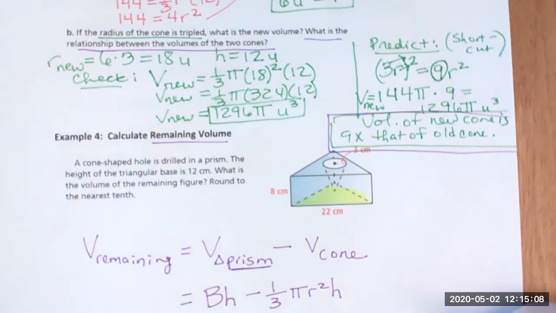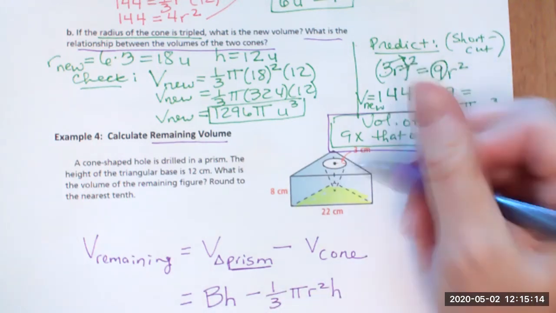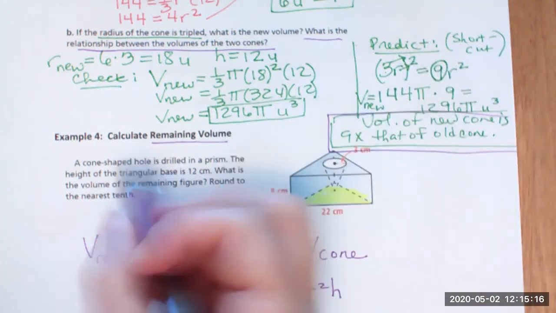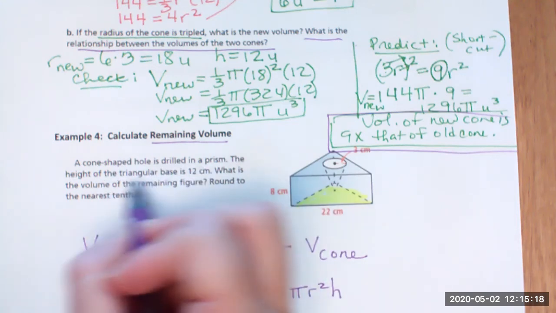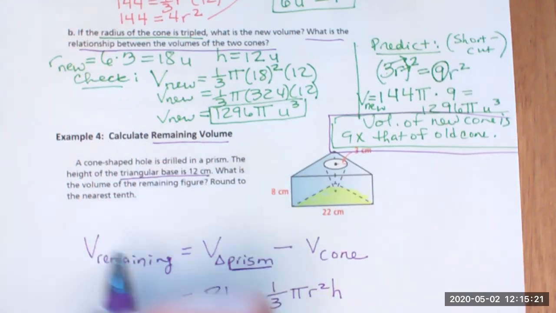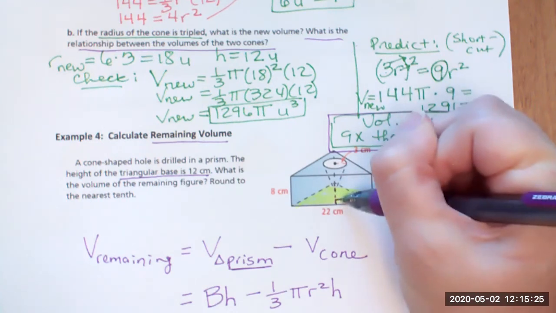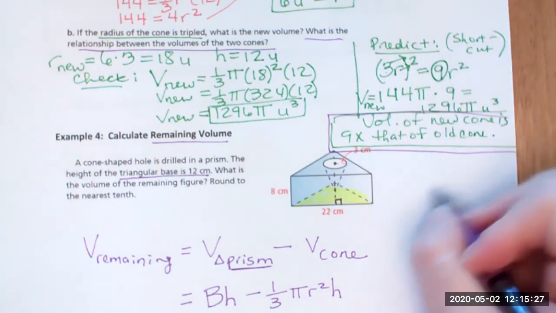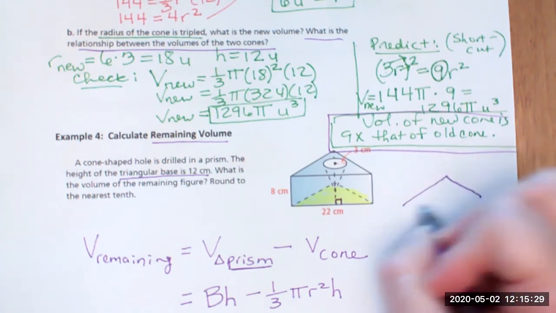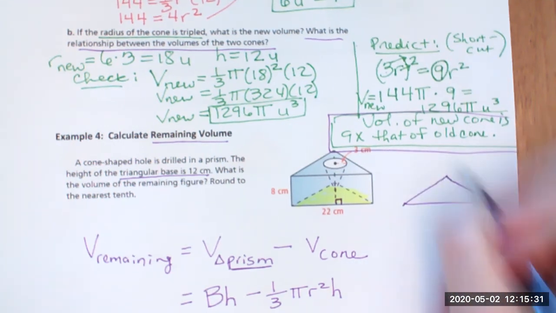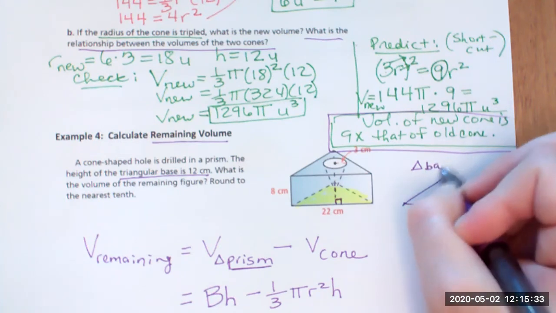Okay, so when you're calculating the volume of the triangular prism, you want to recognize the information they gave us here. The height of the triangular base is 12 centimeters. So that means that this height right here on the flat surface, in other words, you've got a triangle here, that is the base. Here's the triangular base.